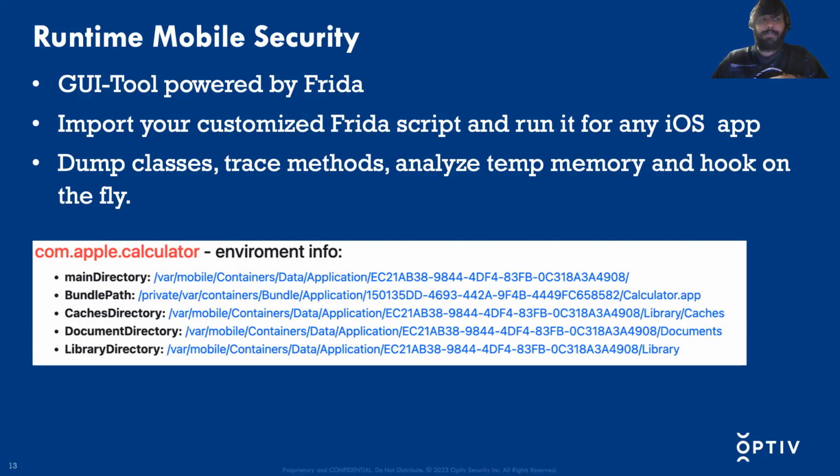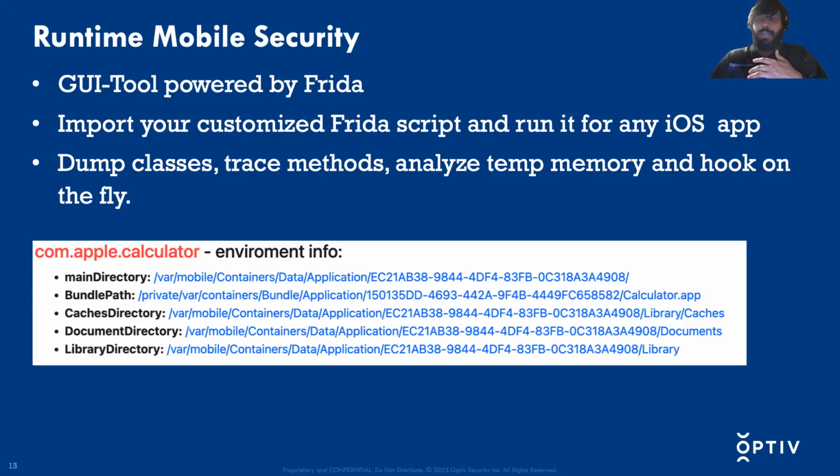But now let's deep dive into how you can understand what sort of class methods and functions are being executed when you open and use the iOS application, when you perform actions on it. There is a tool called Runtime Mobile Security. This is a GUI tool powered by Frida. Frida is an amazing utility for performing iOS assessments.